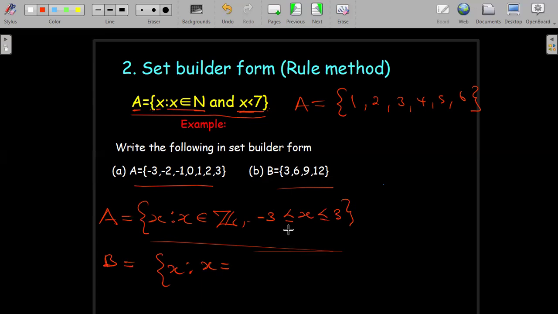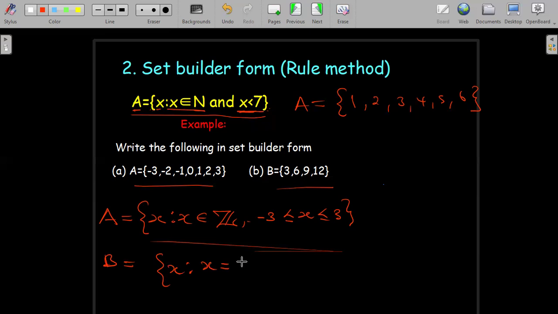No, not exactly, because you see, there's 3, there's 6, there's 9, there's 12. One thing you observe is that these are all multiples of what? Of 3.